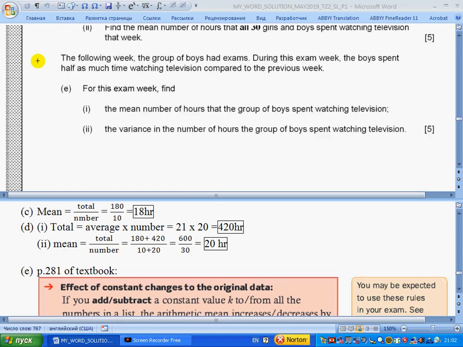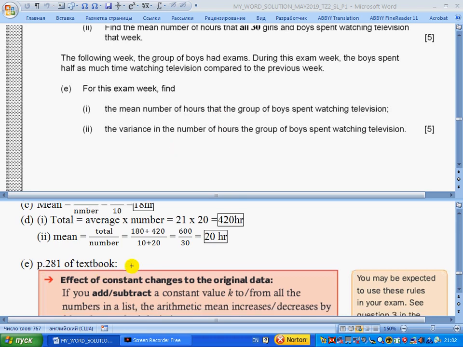The following week, the group of boys had exams. During these exams, the boys spent half as much time watching television compared to the previous period. E. For this exam, find the mean number of hours and variance in the number of hours.